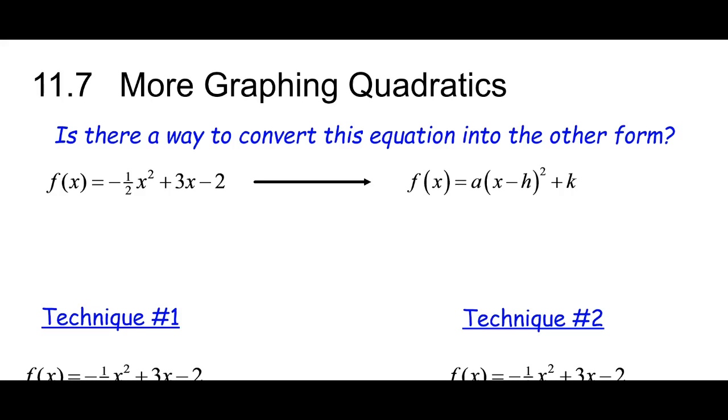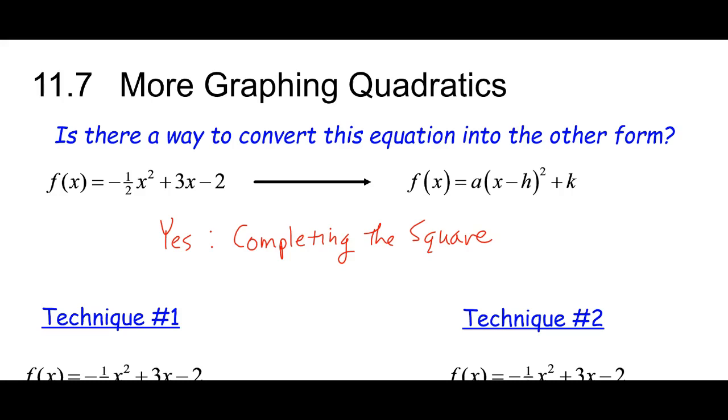So the bad news is that although there is a technique to do this, the technique is completing the square. And if that means you don't want to convert into that other form, I totally understand.